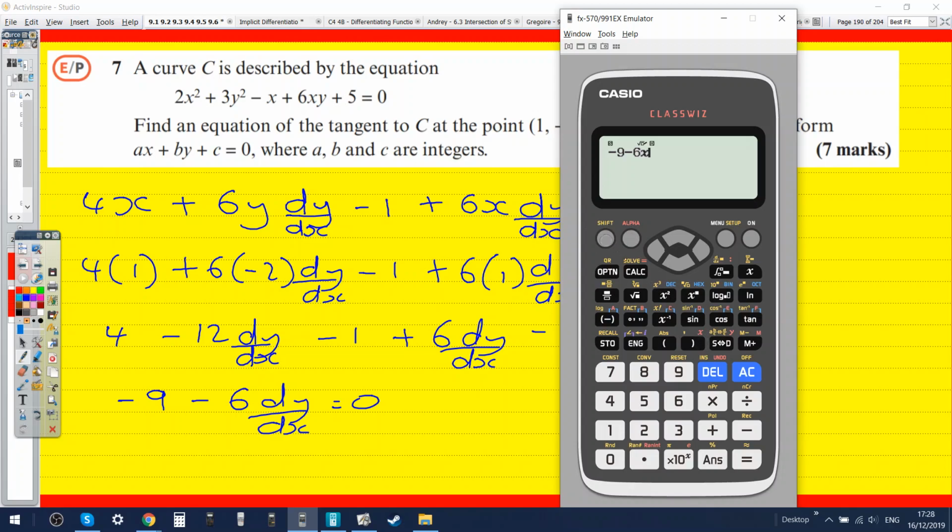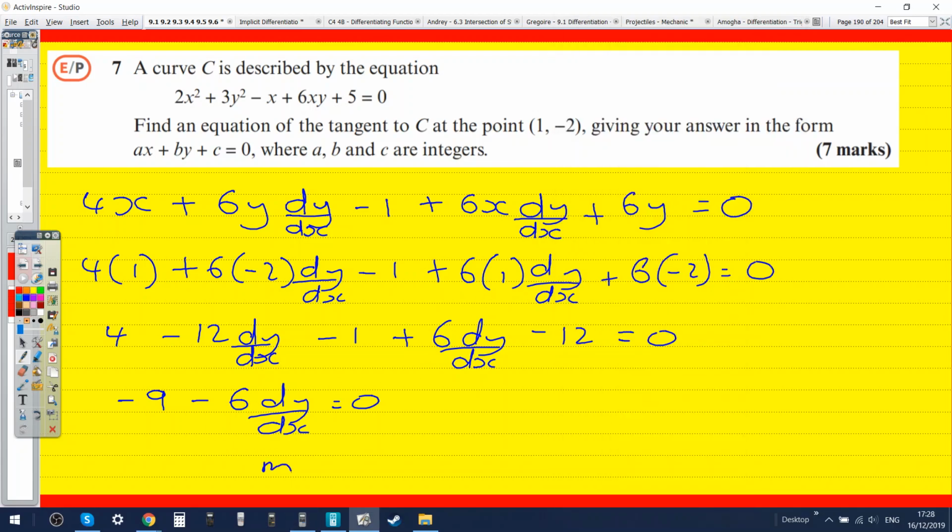And you can always just be lazy. Minus 1.5, or minus 3 over 2. So that's the gradient. So then you know y is equal to minus 3 over 2x plus c. And then you just substitute the point 1, minus 2.